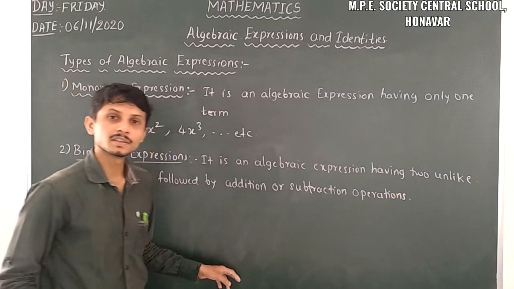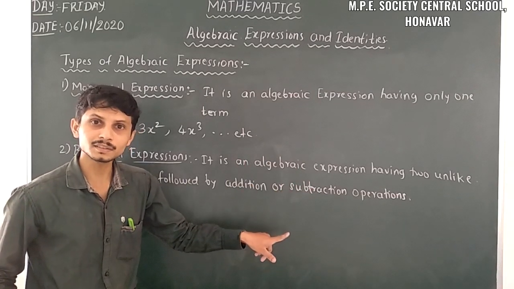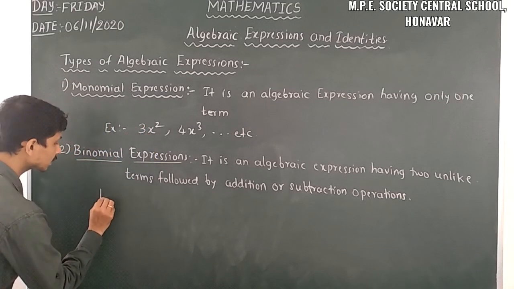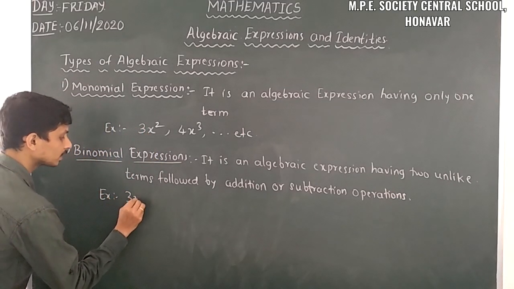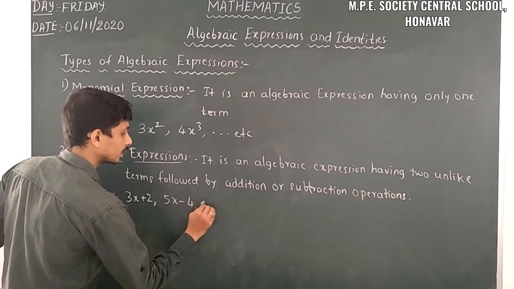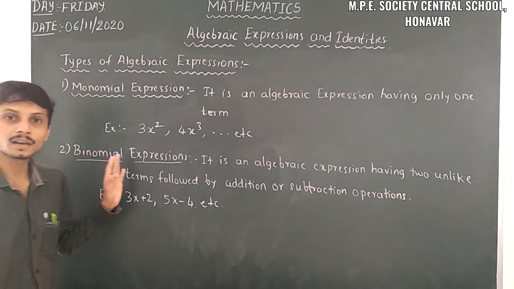So that means here we can't take multiplication and division. If you take multiplication and division, it converts into a monomial only. So let us take some examples. For example, 3x plus 2 and 5x minus 4 and so on. So this is about binomial expression.